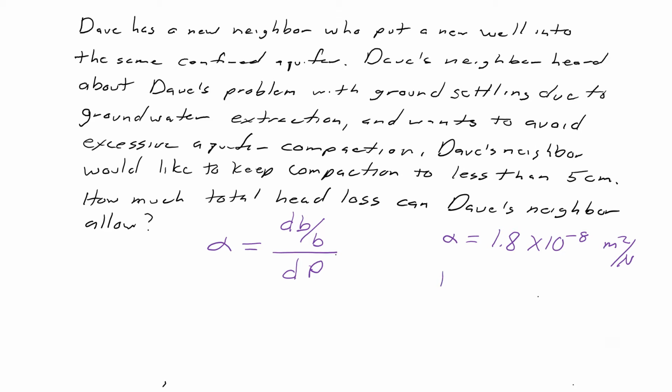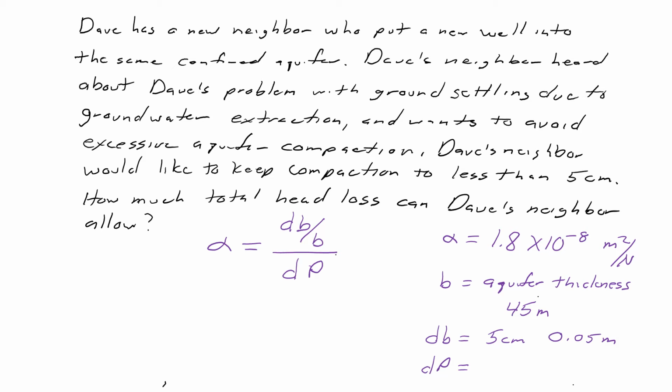Remember, B equals the aquifer thickness. And from the previous example, it was 45 meters. Change in thickness. Remember, Dave's neighbor wants to keep the change in thickness to 5 centimeters or 0.05 meters. And then dP is the change in pressure in your aquifer.